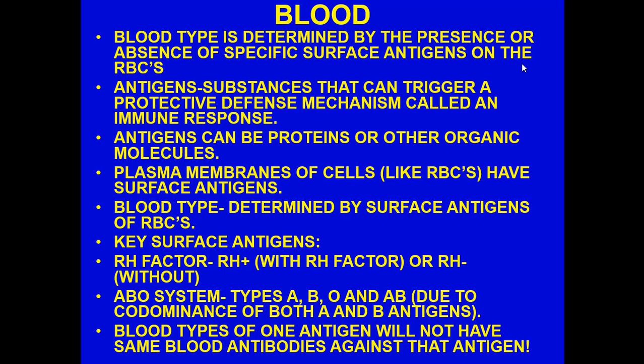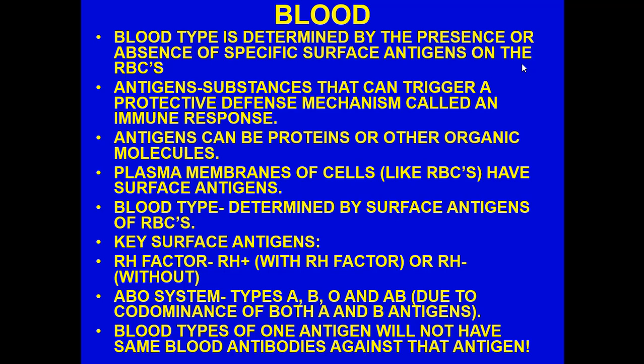And then the ABO system, types A, B, and O. A and B are dominant. O is a recessive trait. Then you have type AB, which means that on the red blood cell you have both A antigens and B antigens. This is due to the heredity principle of codominance, where A and B can both be expressed.